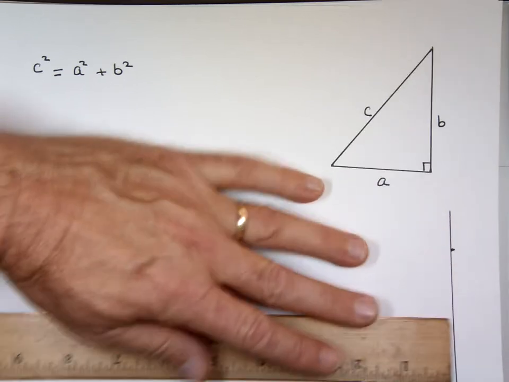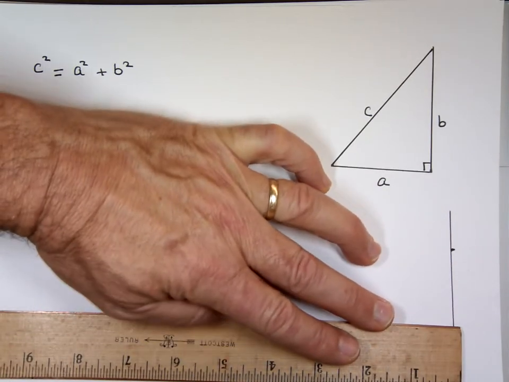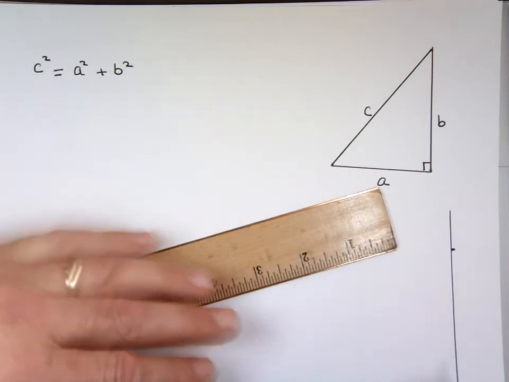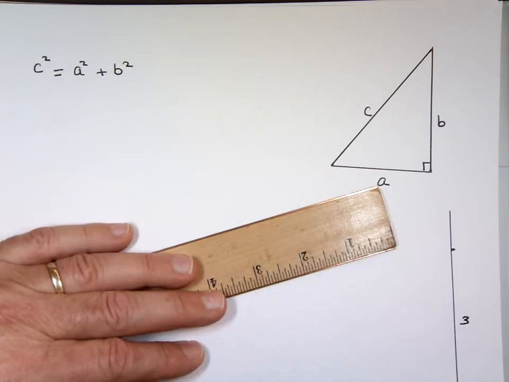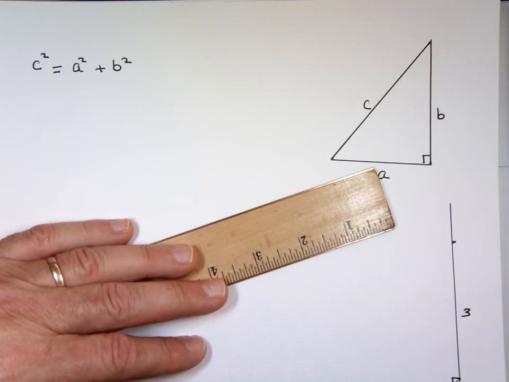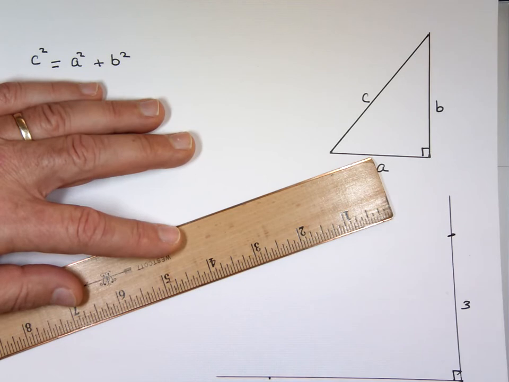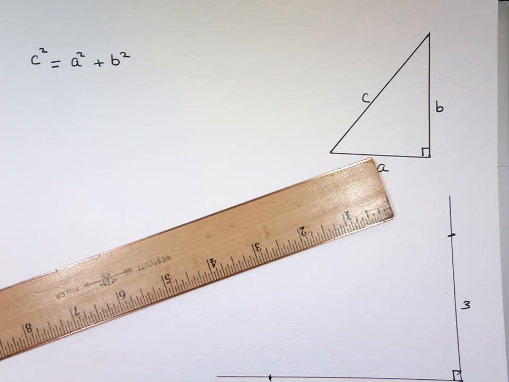From this side they go 4 feet, and put a mark here. So this is 3 and this is 4. For this to be a right angle, the distance from that mark to this mark should be what? Better be 5.